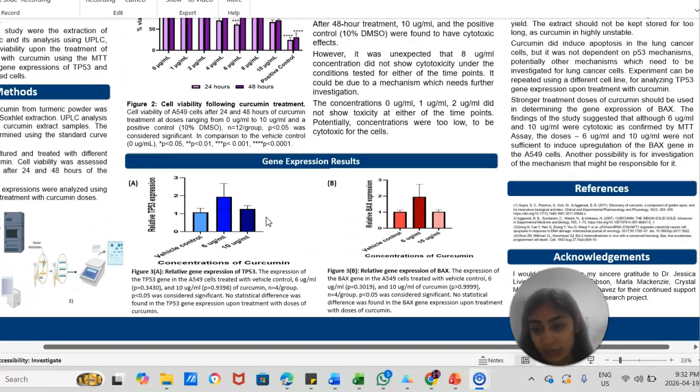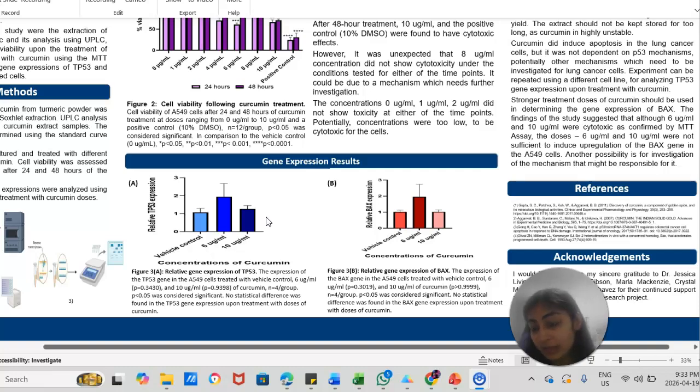Now, talking about my gene expression results, qPCR was done for TP53 and BAX genes relative to GAPDH. Interpreting the findings, it was noticed that there was no statistical difference between the doses and the vehicle control. The doses that I induced in the cells did not cause upregulation of either of the genes.